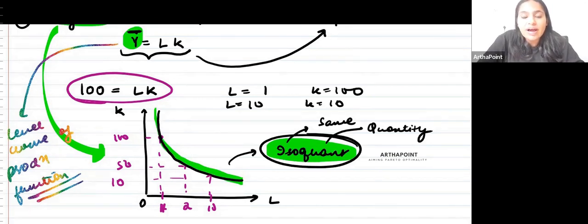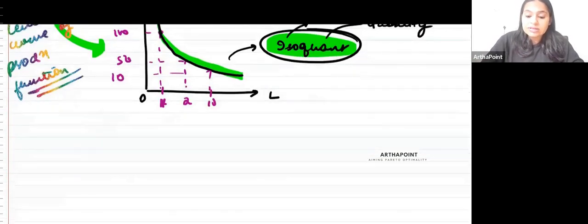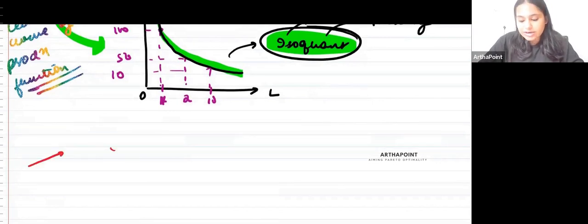If you want to have a look at what level curves are, how they look, and how from different values we can compute and get an isoquant or an indifference curve, then I have recorded that in your intermediate videos. You can have a look at it.